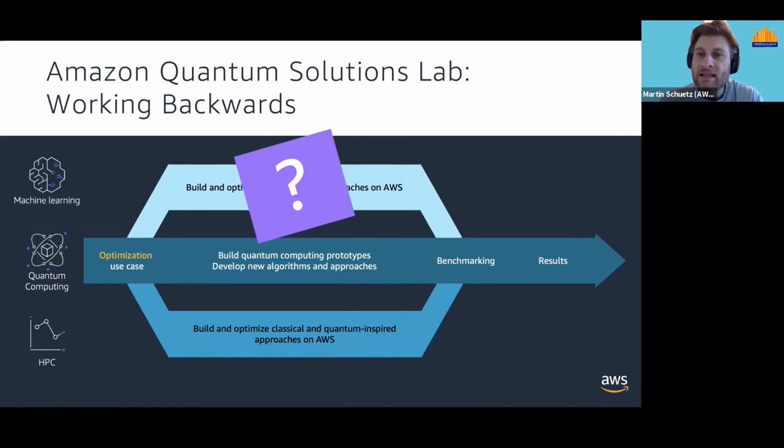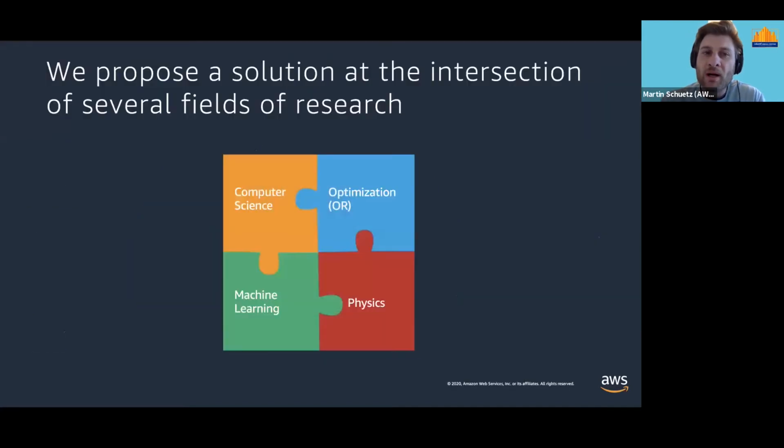And that is where we combined ideas in a very interdisciplinary fashion, drawing from concepts from computer science, from machine learning, and from physics to solve these optimization problems, and thereby making a contribution at the intersection of these four research disciplines that are typically distinct and that we try to unify here to come up with a new and clever solution strategy.